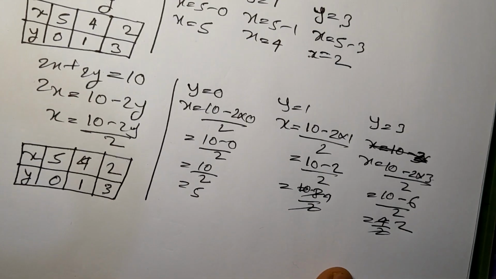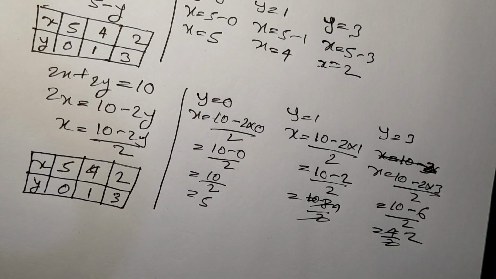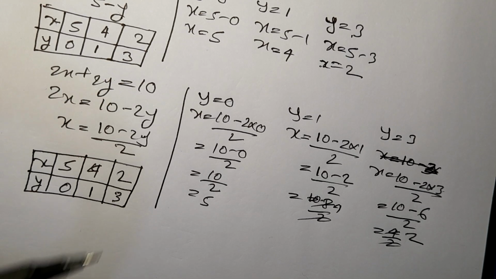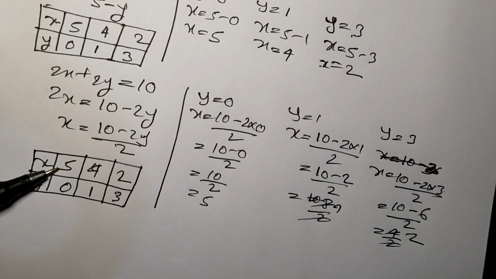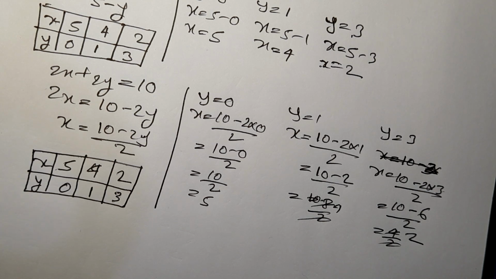Now let's plot this one. See here we have all positive values. In the x the highest number is 5, in the y it is highest 3, and here also in the x the highest is 5, and x is 2.